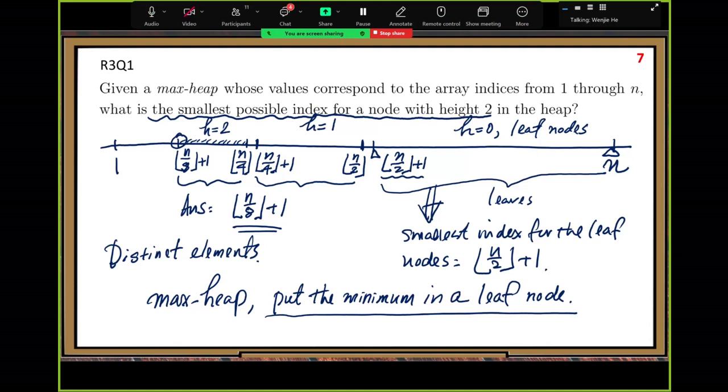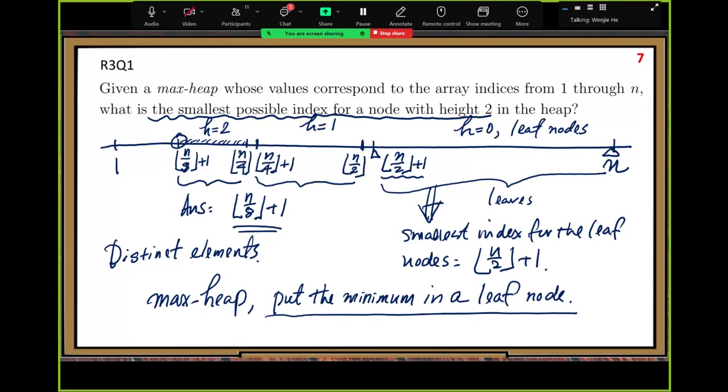Based on the max heap property, the value of a parent node must be greater or equal, but here we assume distinct elements, so there is no equal case. So the value of a parent node must be greater than the value of any of its child nodes. So the minimum cannot be placed in a non-leaf node for a max heap.